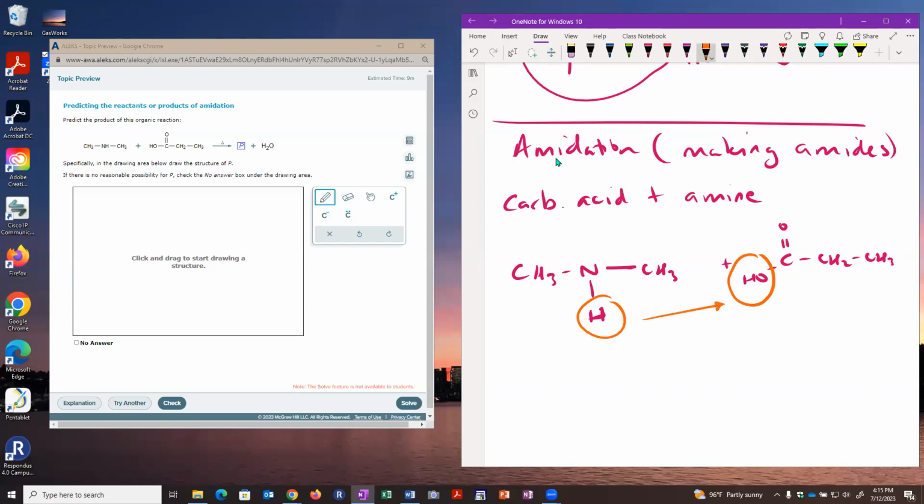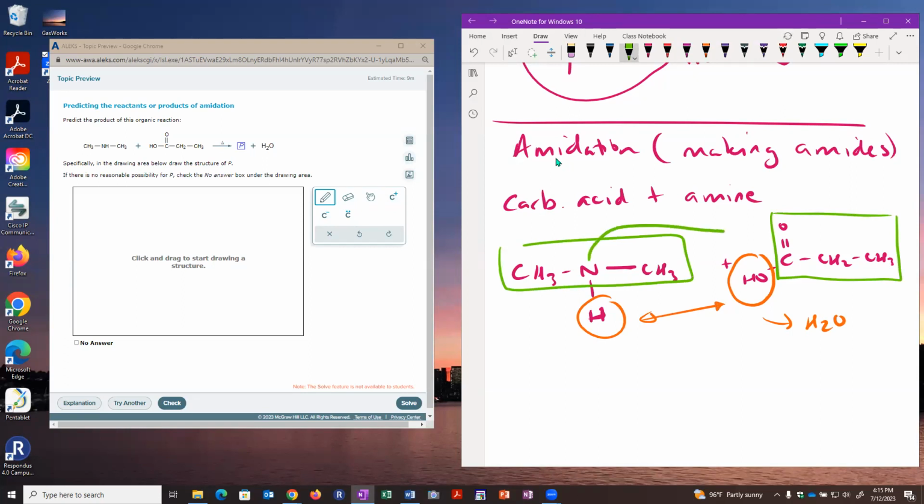These 2 react together to give you H2O as one of the products. Now all we do is connect the remaining 2 fragments together. This part of the carboxylic acid gets connected to the amine via this nitrogen right here, so that connects to that C double bond O.